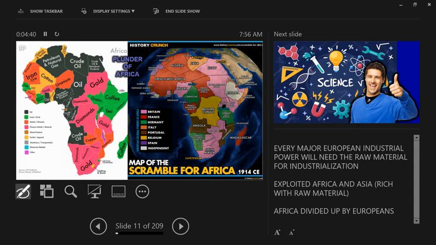You can see the pink parts are for England, the red parts are for France, the green parts Germany, and so on. There's only one place in Africa that has no European colonies in it. Can you find it? Yeah, it's Ethiopia. Ethiopia stands independent of the others.